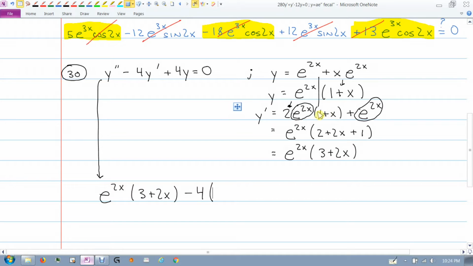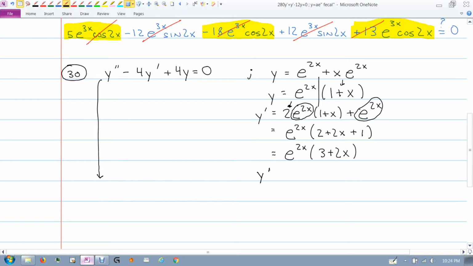Okay, this is y prime right there. Hold on, I'm losing track of what I'm doing here. This was a derivative, and plus derivative of that times that. Okay, then I pulled out into, oh, I haven't taken the second derivative. Shoot. That was just the first derivative.